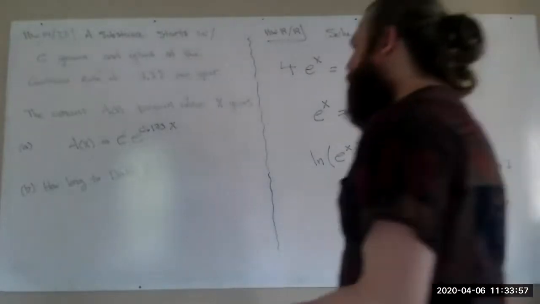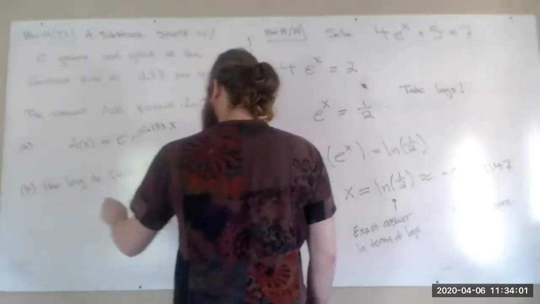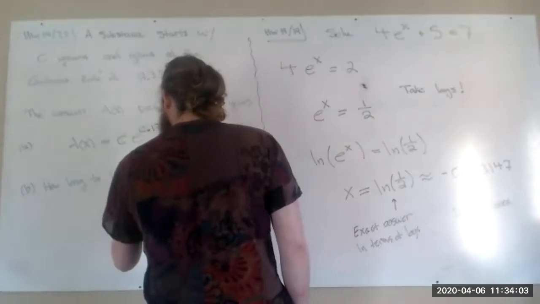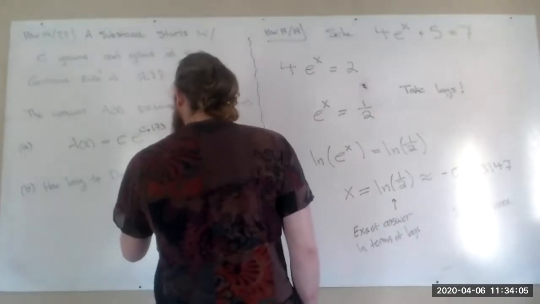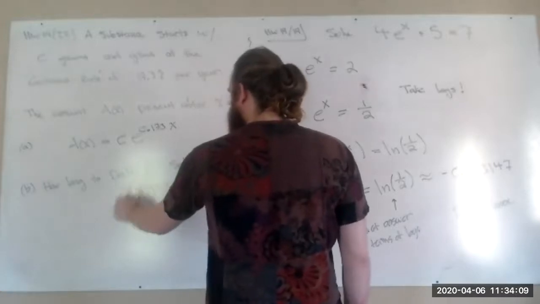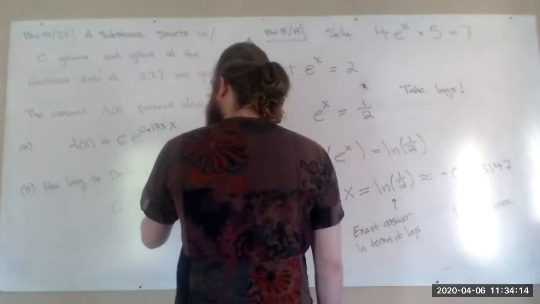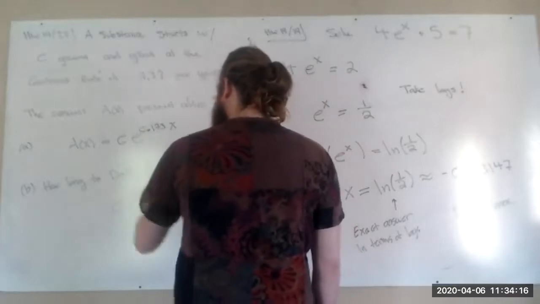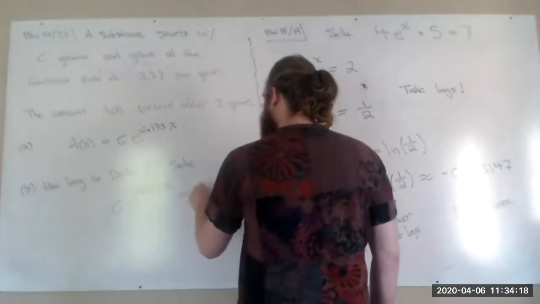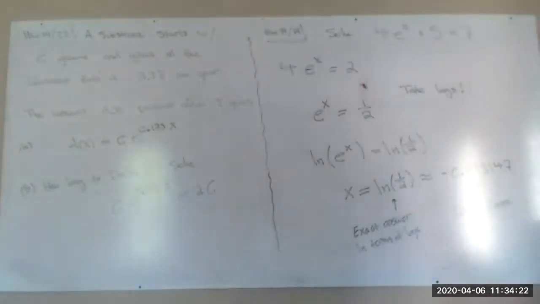So I need to solve the equation C times e to the 0.173x. That's the amount there is after X years. I want to know for what value of X this is equal to the double of the original, which is 2 times C. So I need to solve this equation.